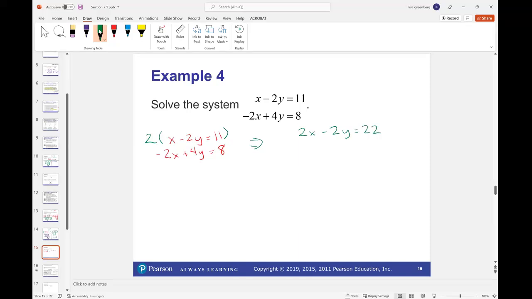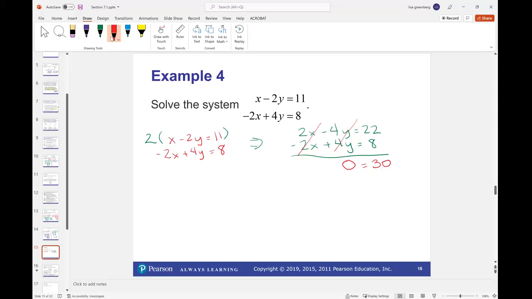And here I get minus 2x. Sorry, I didn't multiply, I didn't distribute. So minus 4y equals 22. Minus 2x plus 4y equals 8. Now when I add them together, notice this cancels and this cancels, and I end up with 0 equals 30.